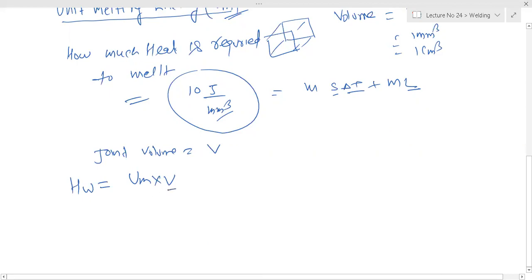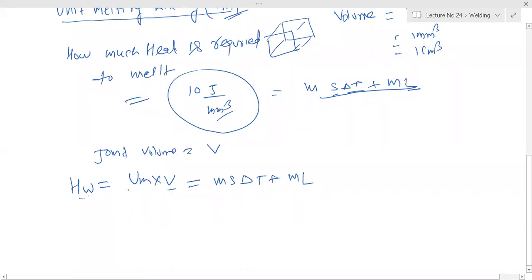This is the joint volume, this is the unit melting energy, and that is also equal to MS delta T plus ML. So generally, if unit melting energy is given and volume is given, then you will know clearly that this much heat is required to weld, right?